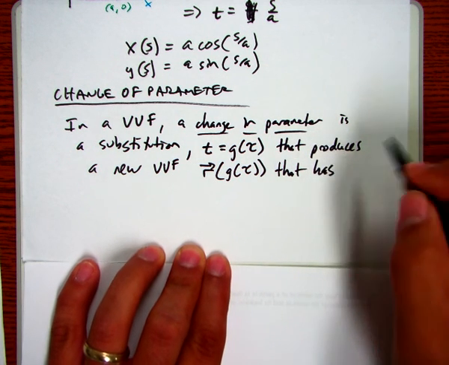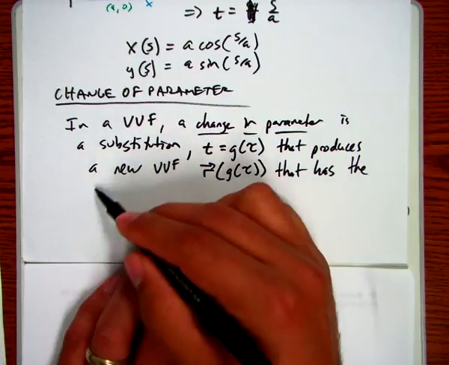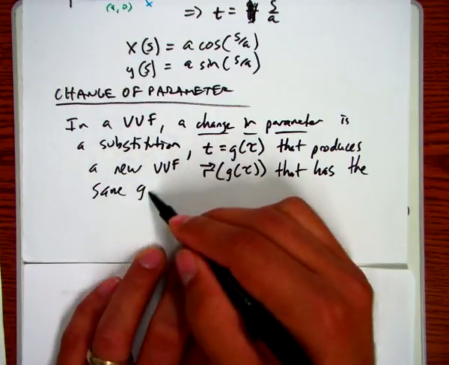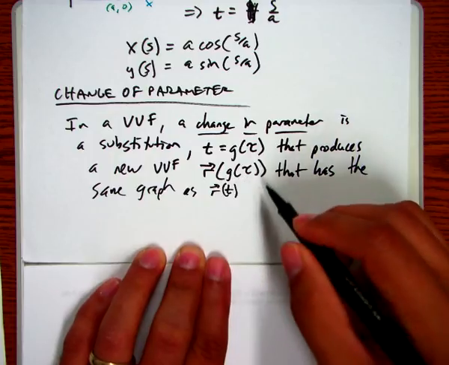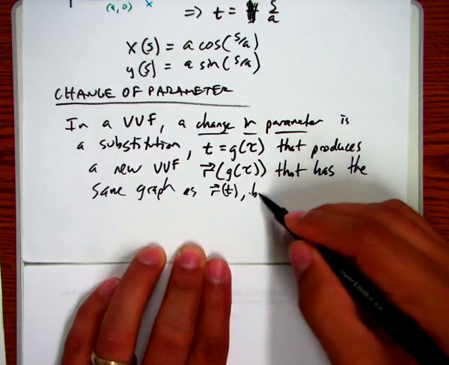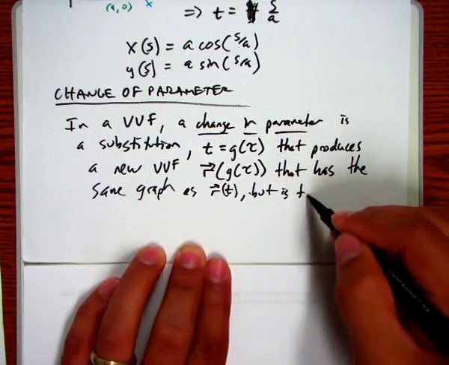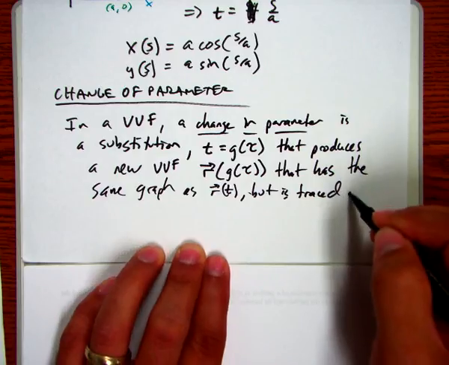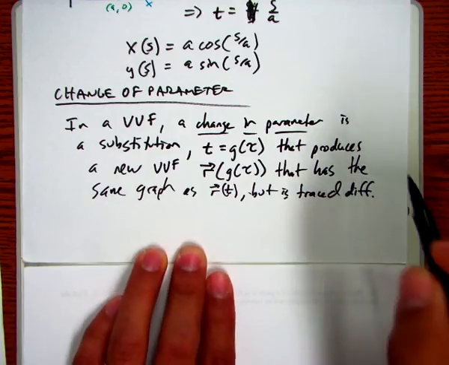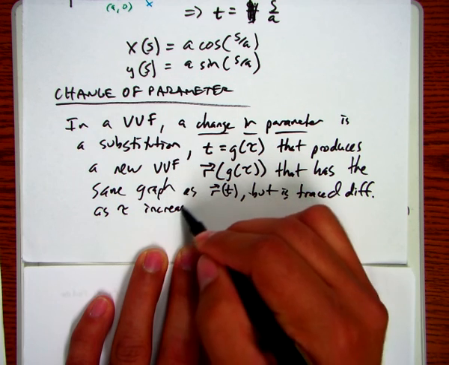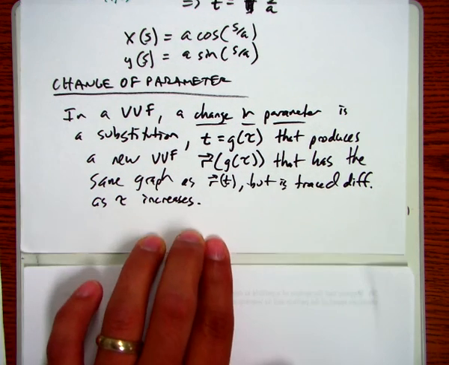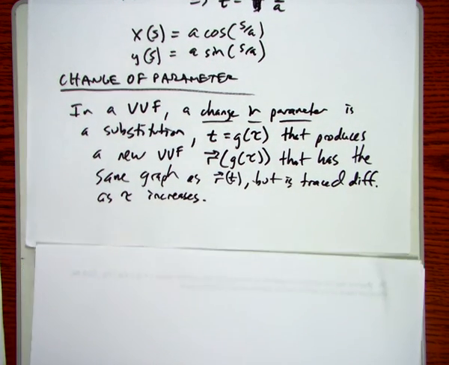That has the same graph as r of t, but is traced differently as tau increases.